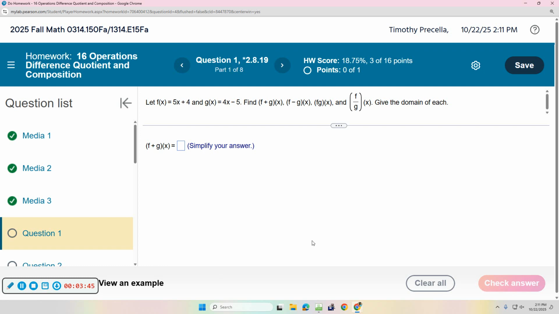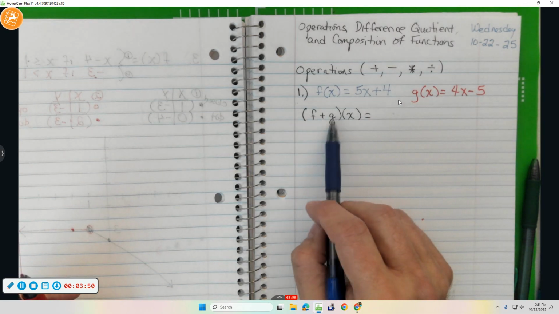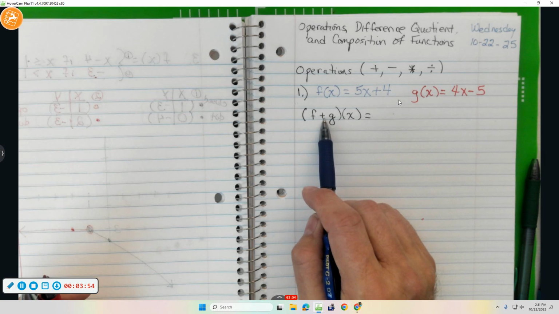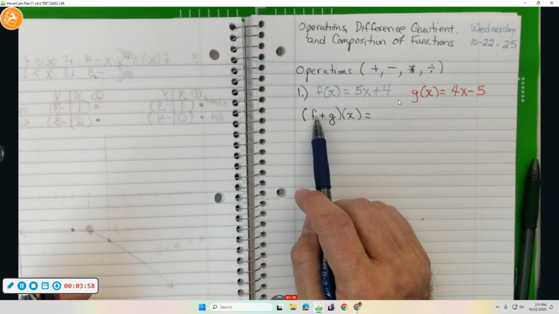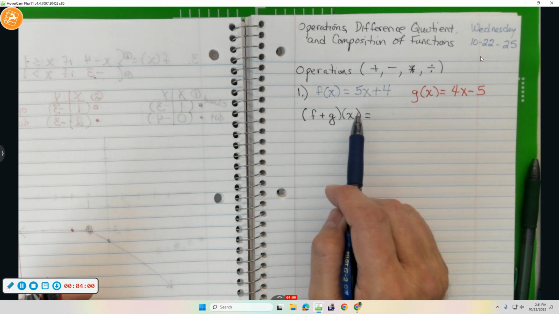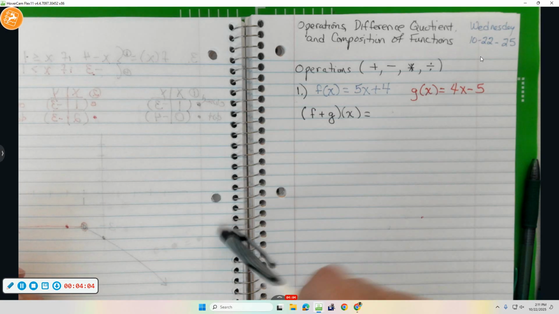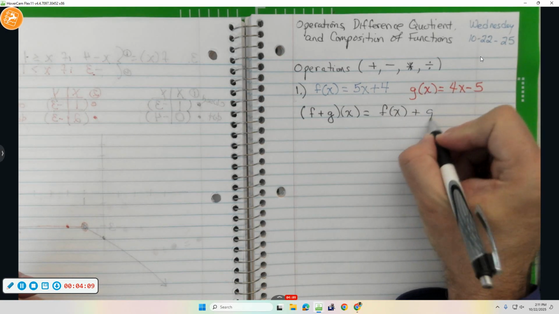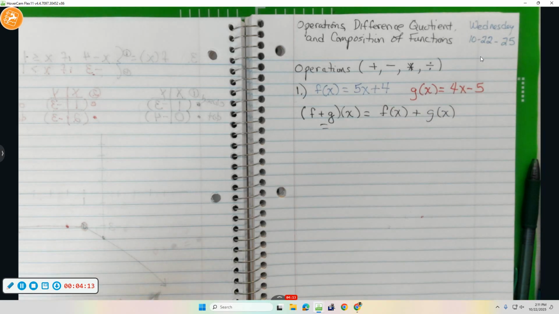Switch the screen. So, f plus g of x. That means just add f of x and g of x. Instead of writing out the x twice, this means the same thing as writing f of x, which is the blue function, plus g of x, the red. So we'll just write it out.